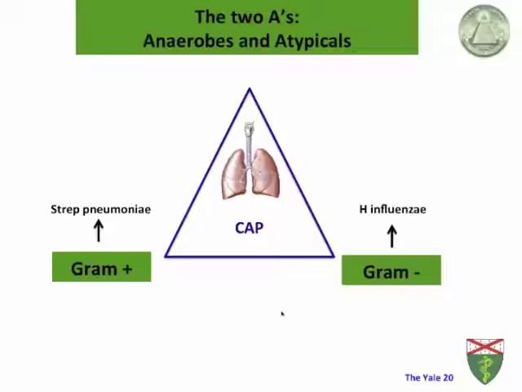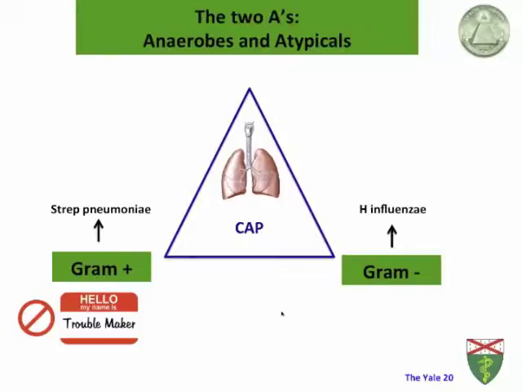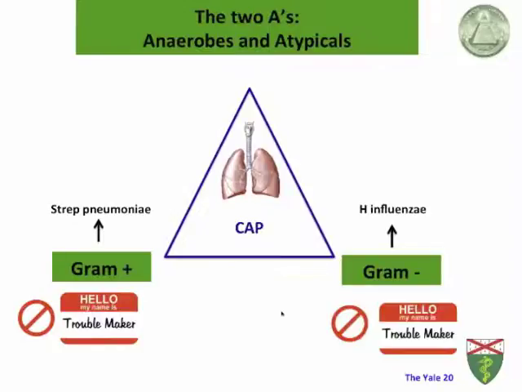What about troublemakers? Gram-positive. Not really. A MRSA pneumonia is not something that we commonly see in community-acquired pneumonia. MRSA pneumonia would be something seen in hospital-acquired pneumonia or HCAP. What about gram-negative troublemakers, like Pseudomonas? Also not seen in community-acquired pneumonia.